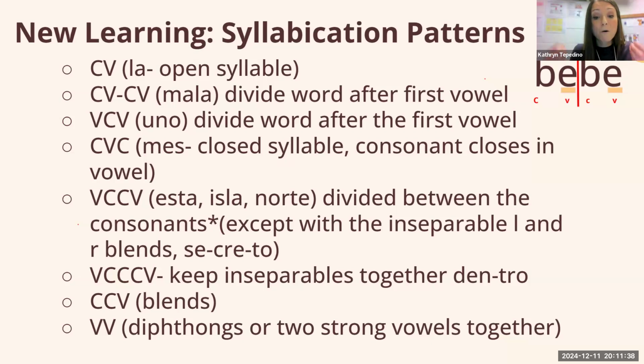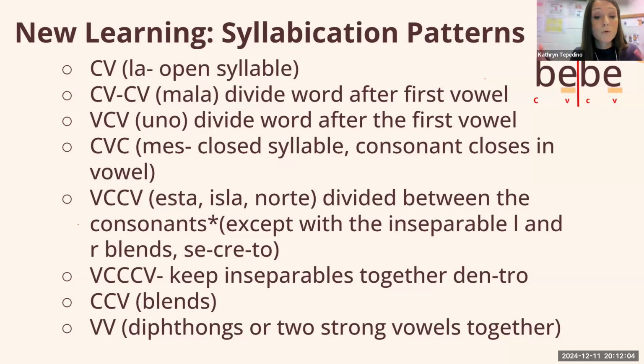That's it. That's all they need to know. But how great is it that if we teach this, then when we transfer them over to English and teach them this in English, they're going to be like, oh, I know this. And it's going to make it that much easier to cut up words in English and help them read those words in English.